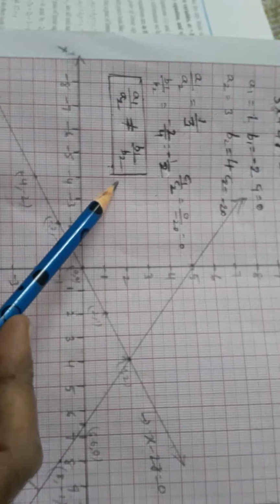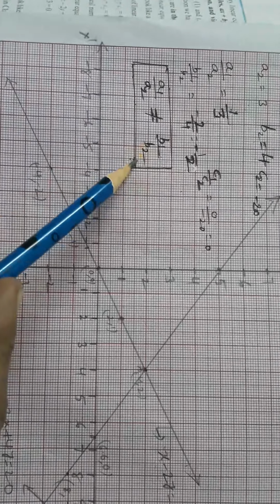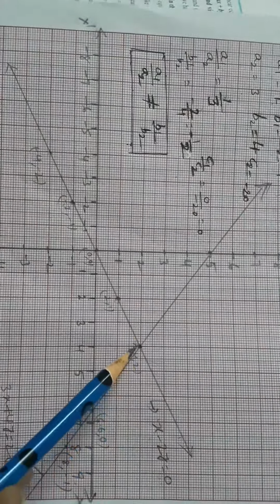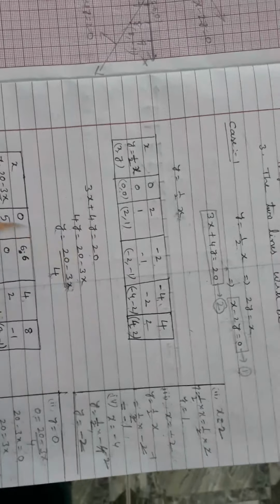If for any two given equations a1 by a2 is not equal to b1 by b2, then the lines intersect at a point. Children, take graph paper or a graph book. Draw this graph using these two lines, plot the points carefully, join them and get the graph. Thank you children.